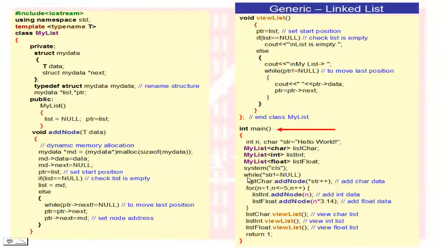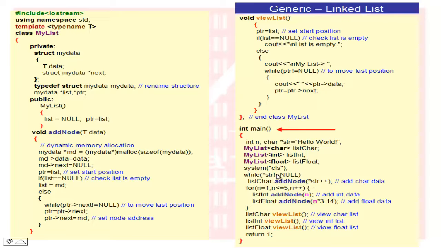So I have created a loop: while star str is not equal to null, list char add node star str, and pointer str plus plus. So this loop is running and one by one characters are added to the character list. So this list is created by using the character variable.